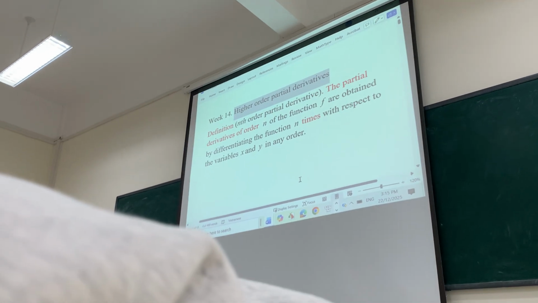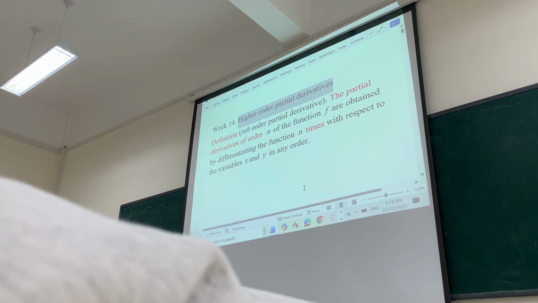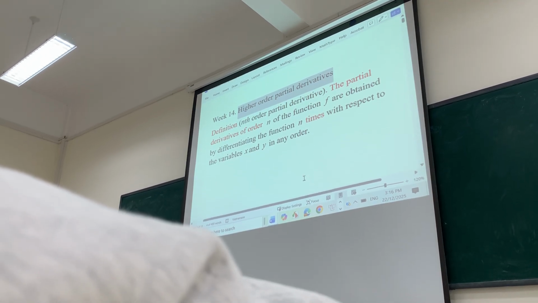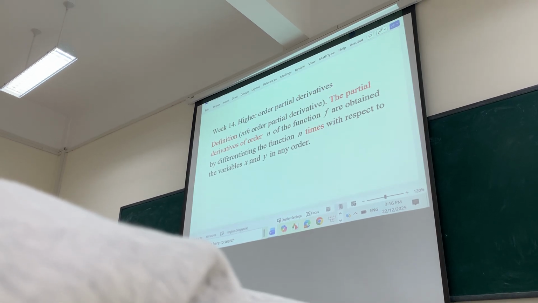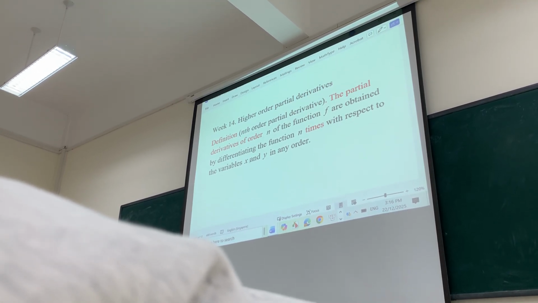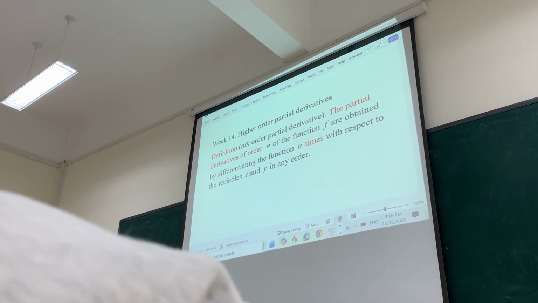By differentiating the function with respect to variables x and y in order.